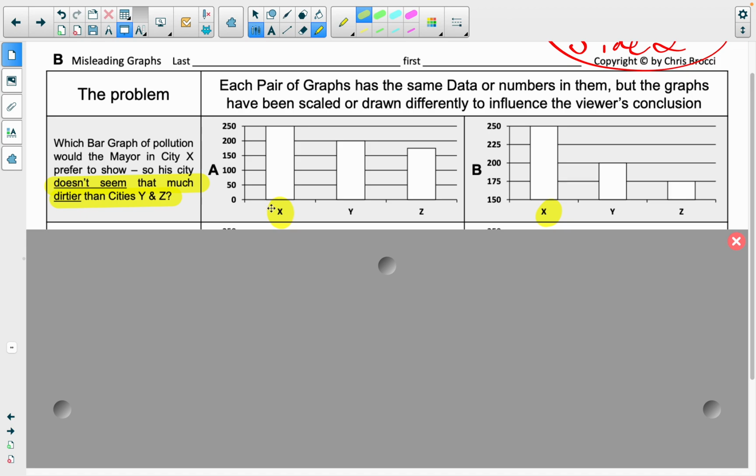So you're the mayor of city X here, and you want it to look like your city's not super dirty compared to the other cities. So which graph are you going to have them show? Graph A or graph B? So not that much dirtier. So you're looking for the graph that doesn't show a big difference.